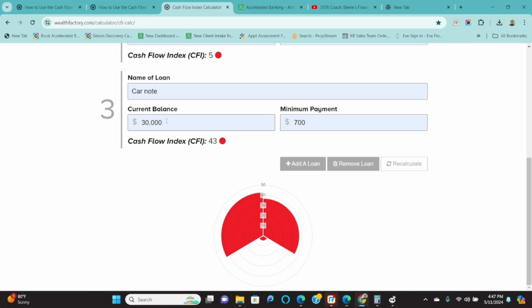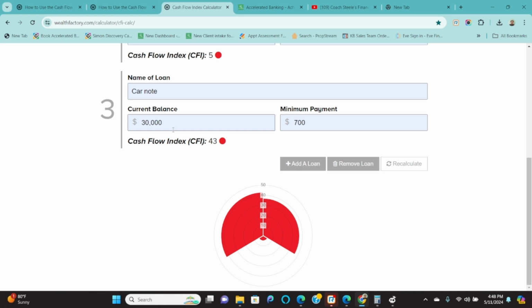We want that 650 to go to knock off the principal balance on this car note, of course. And so that would be a total of $1,350 every month going to the 30,000. So when we have $30,000 divided by 1,350, that's a little over 22 payments towards the car.